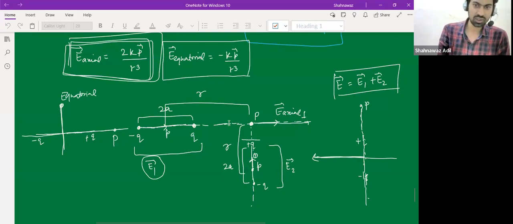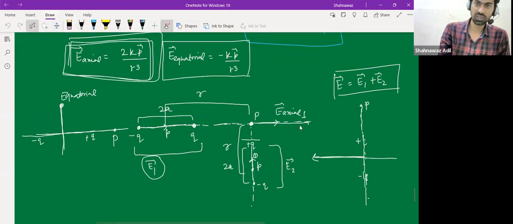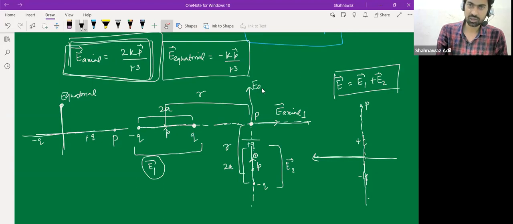Can you guys see my screen? This is again the axial one, right? So this is E axial 2.